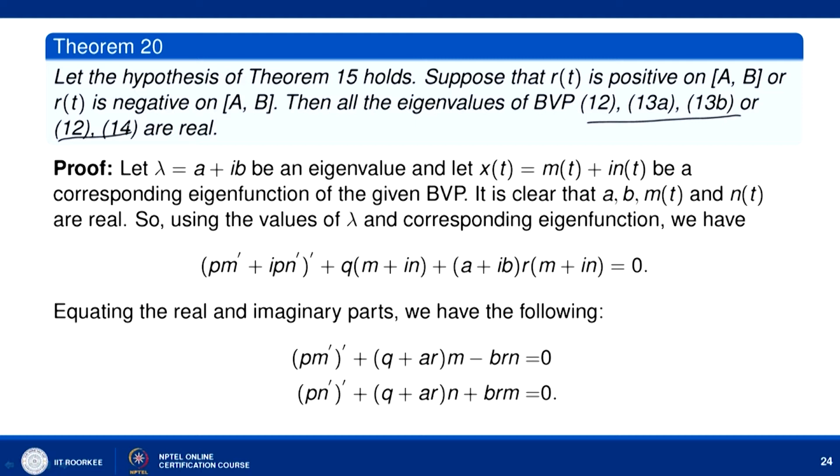It is already clear that by assumption a and b are constants, and m(t) and n(t) are real valued functions.